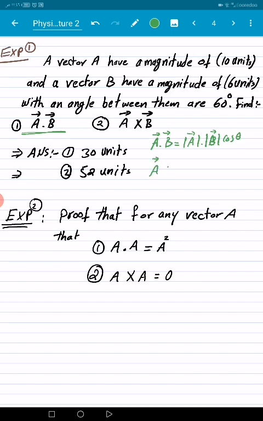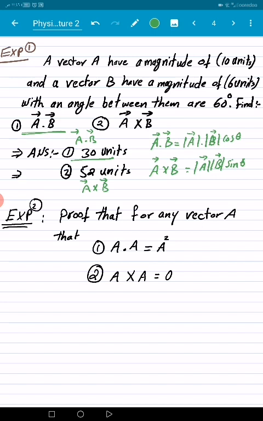A cross B is equal to the magnitude of A times the magnitude of B sine theta. Theta is given, and the magnitude of each vector is there. So check it. First one, A dot B is equal to 30 units. A cross B is equal to 52 units.